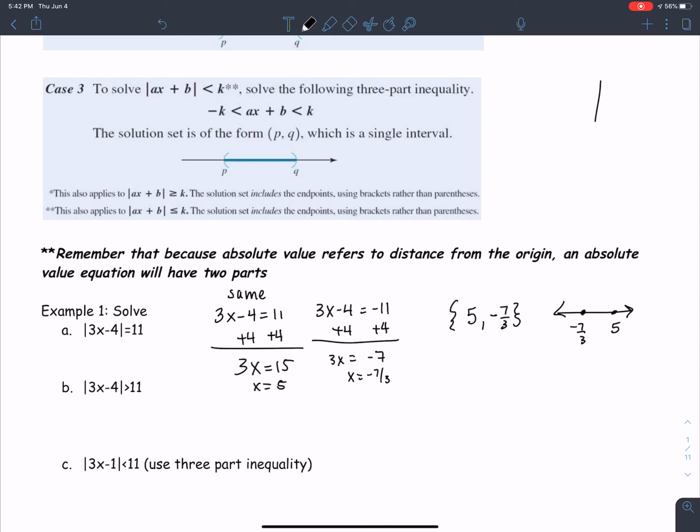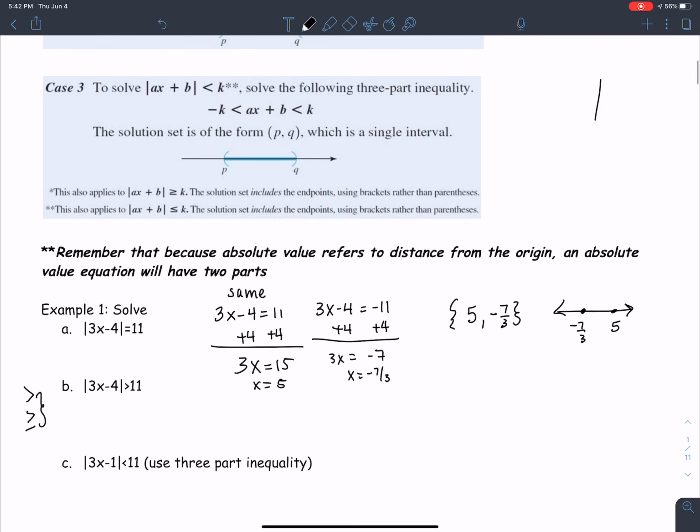Now, when I'm solving an inequality, things change. The big deal here is when I have a greater than sign or a greater than or equal to sign, I need to think of the word or. So remember, or means union. That's important.